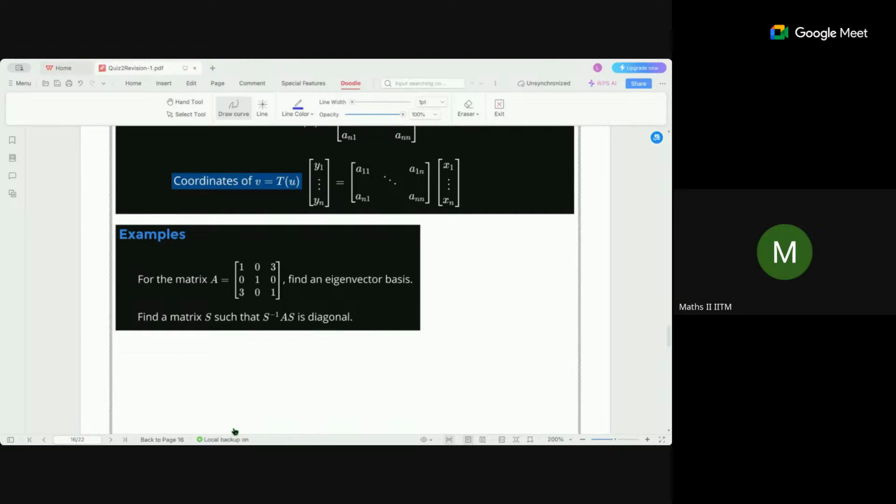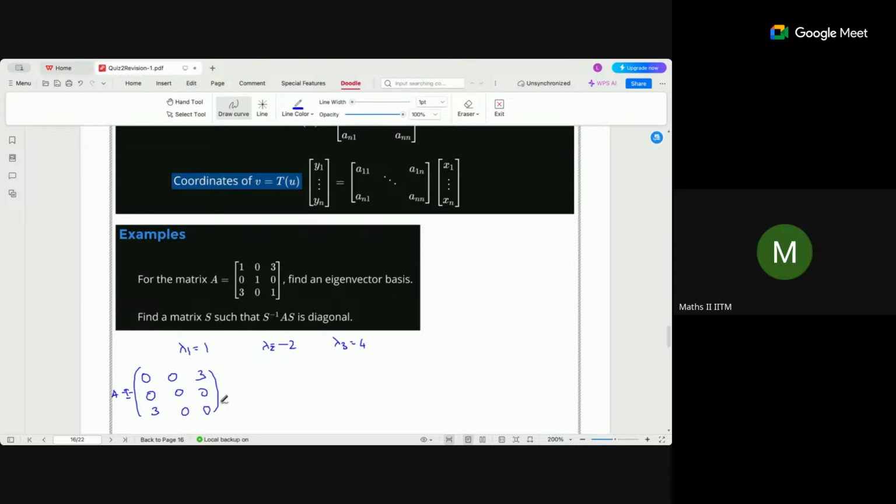So, the eigenvalues are 1, -2, and 4. What is the eigenvector corresponding to lambda equal to 1? How do you find it? You simply have to do A minus I. So you will get 0, 0, 3, 0, 0, 0, 3, 0, 0.